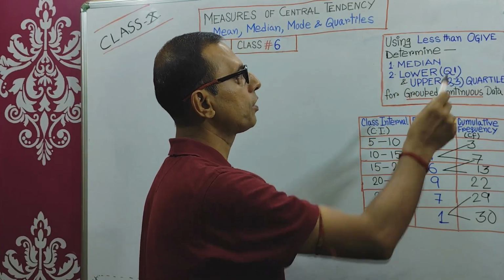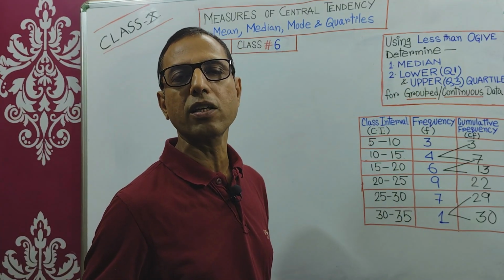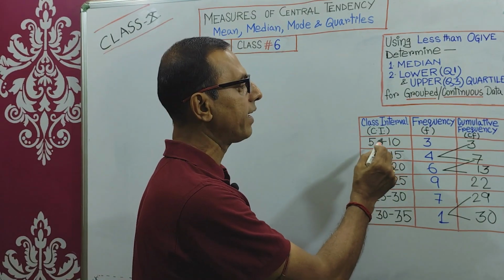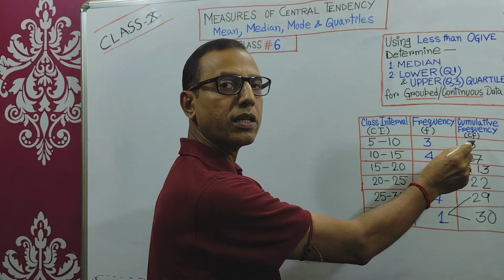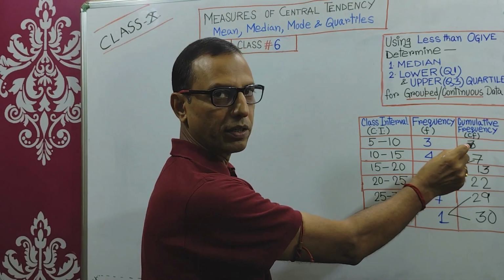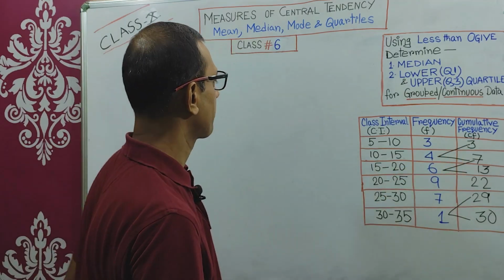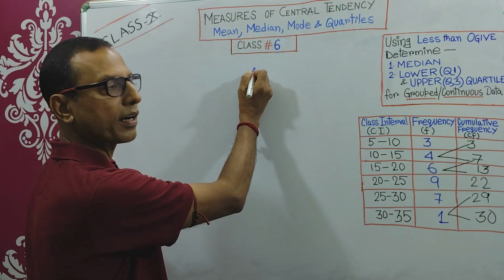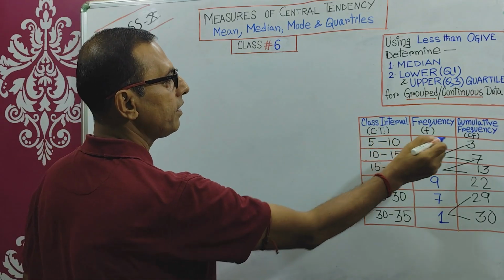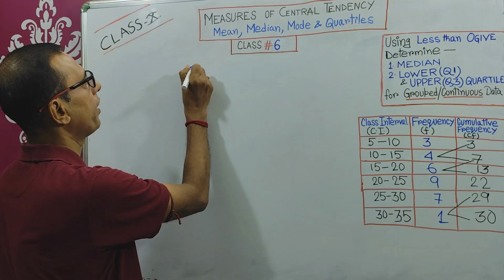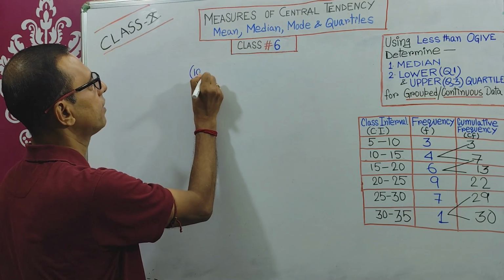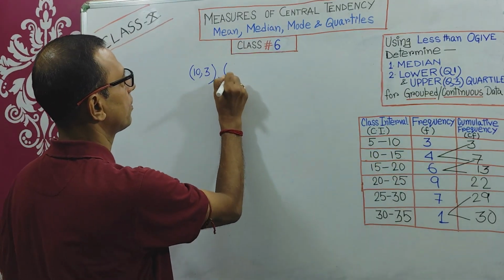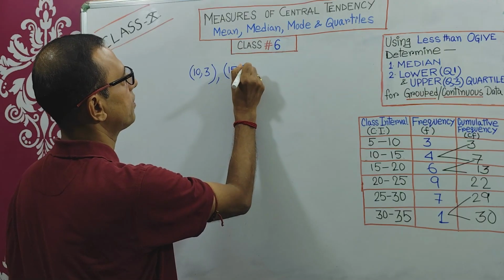So when you are going to use less than ogive or less than cumulative frequency curve, you need to take the upper bound for each class interval and the respective associated cumulative frequency that you have calculated here, right? So what are the points you need to plot on the graph? 10, 3. Upper bound 15, 7.